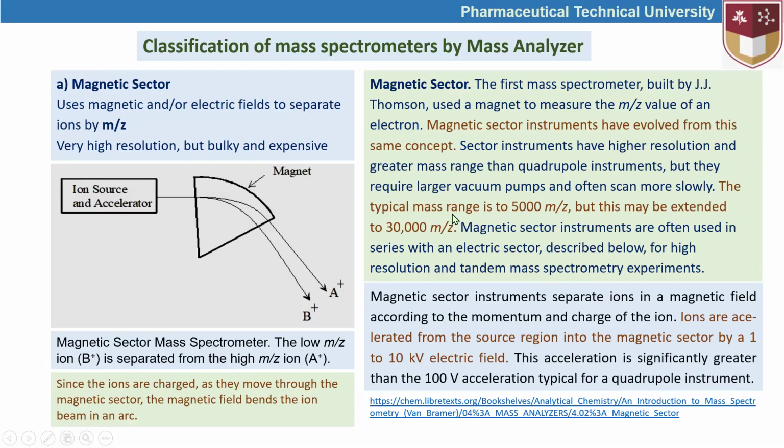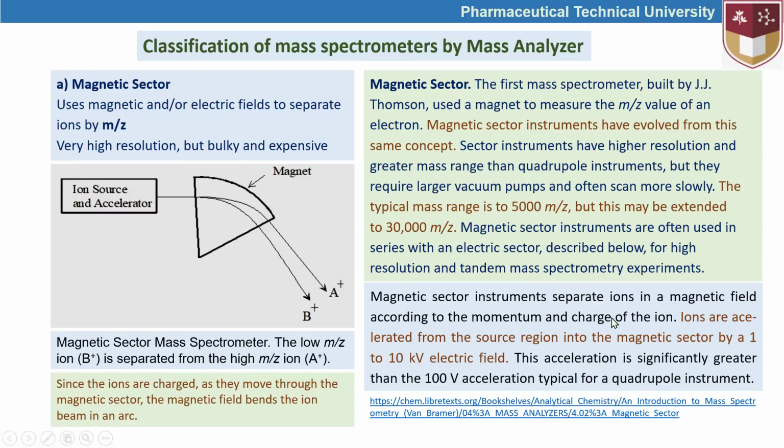The typical mass range is up to around, let's say, 5,000 mass to charge, but this may be extended to 30,000 mass to charge ratio. Magnetic sector instruments are often used in series with an electric sector, described below, for high resolution and tandem mass spectrometry experiments.